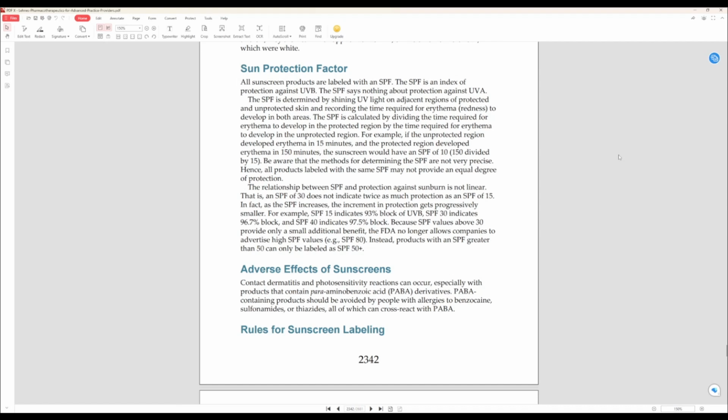Instead, products with an SPF greater than 50 can simply be labeled as SPF 50+, which I think is actually outdated. I believe we can and do actively put SPF 70, 80, 90 onto bottles at this time.